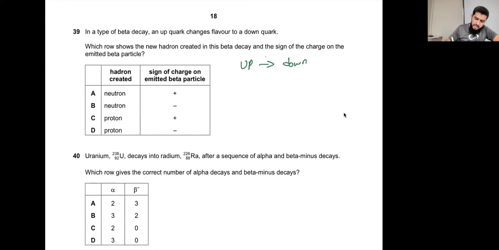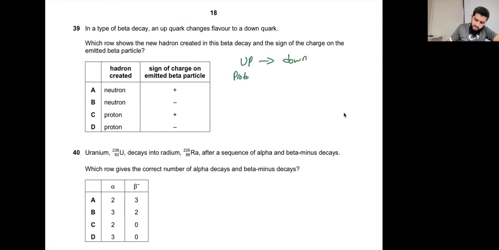So a proton gets converted into a neutron, where a proton is up up down and a neutron is up down down, plus a beta plus. So the answer is A. The hadron created is neutron.